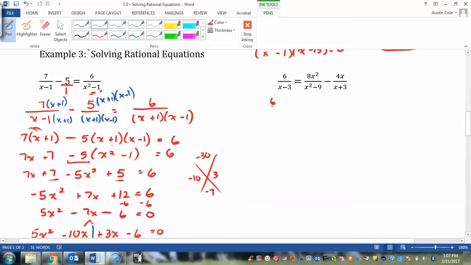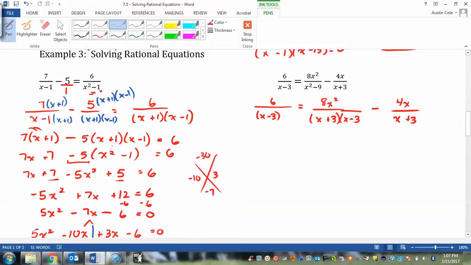Yep, so I'm going to have 6 times x minus 3 equals, kind of different, kind of backwards a little bit, but I'm going to have 8x squared, and then x plus 3, x minus 3, minus 4x times x plus 3. So our common denominator here, Mary Beth, what do you think? X plus 3 times x minus 3. Yep, x plus 3 times x minus 3.